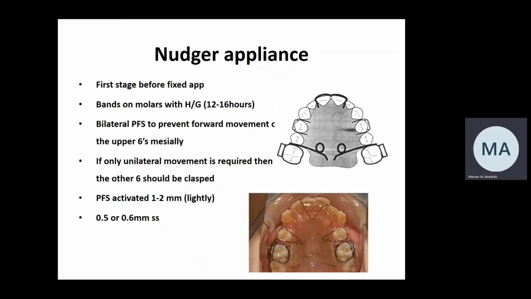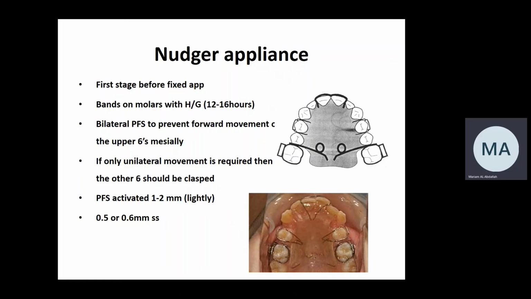Nudger appliance is an appliance that is used to aid the distalization of the upper molars, and it's not used alone. It should be used with the headgear. So what happens is that the headgear produces the active distal movement of the molars, and the nudger appliance is used to maintain and prevent relapse during the day, because the patient cannot wear his headgear full time.